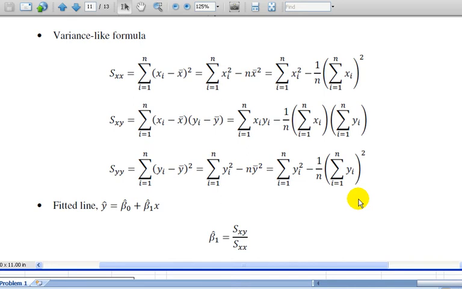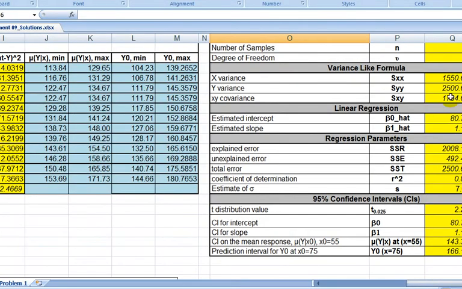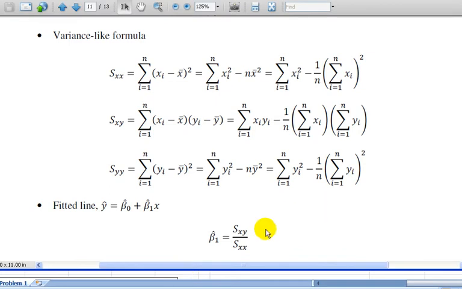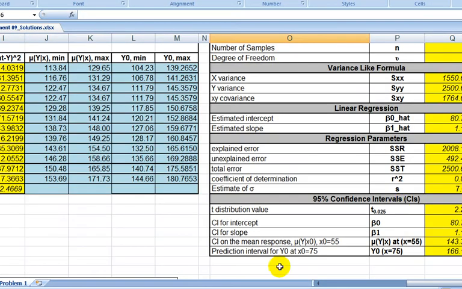It's basically just referring to the corresponding cells, and then you will get this quantity. Once you get this quantity, you can calculate beta 1 hat. Of course, it'll be easy to calculate beta naught hat. So that's basically how you get all of this here.